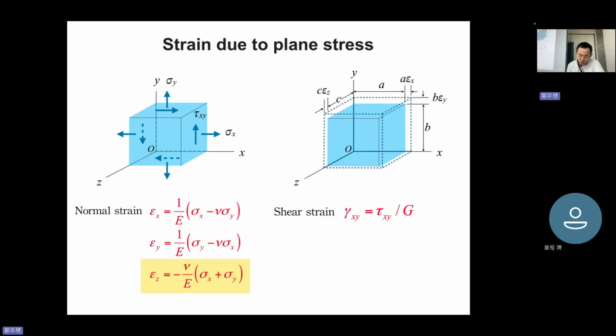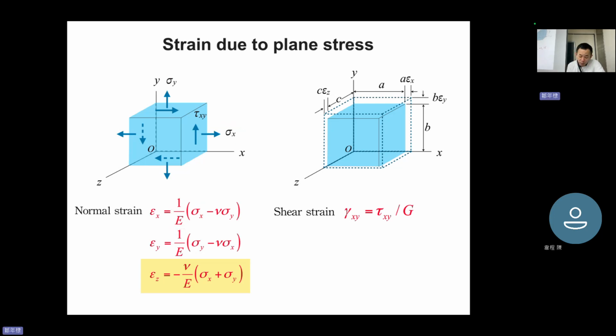If you consider sigma x as tensile, assume positive right now, it will contribute to the elongation in the x direction, of course, sigma x divided by E. You know that Hooke's law is E epsilon equals sigma, so to get epsilon you just put the E below the sigma. That's the first contribution.